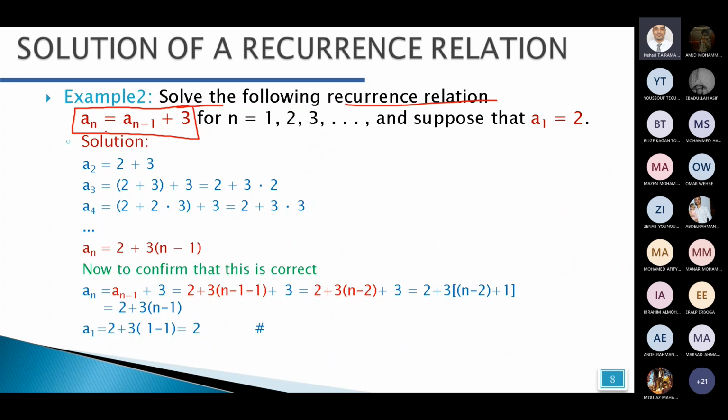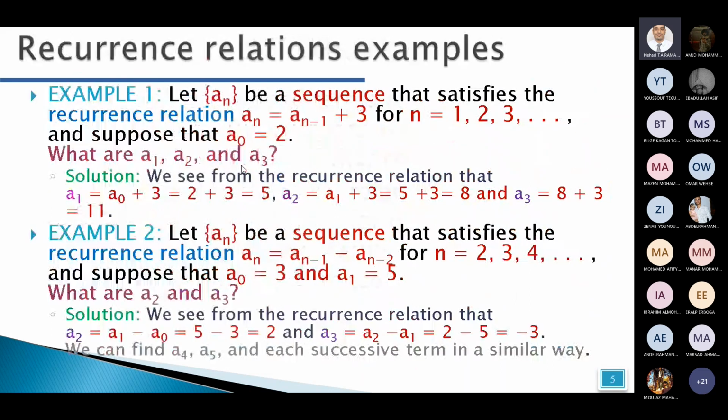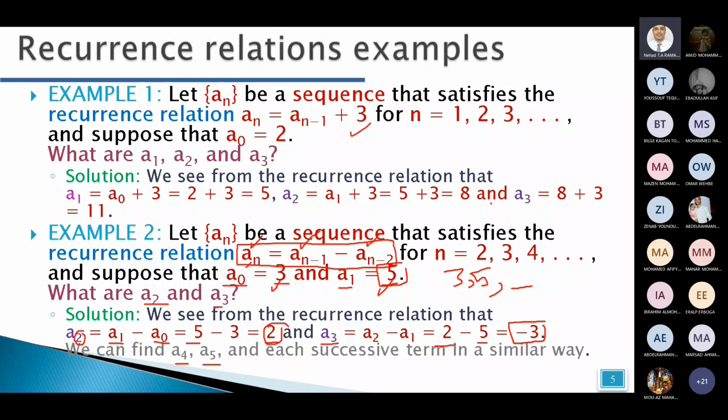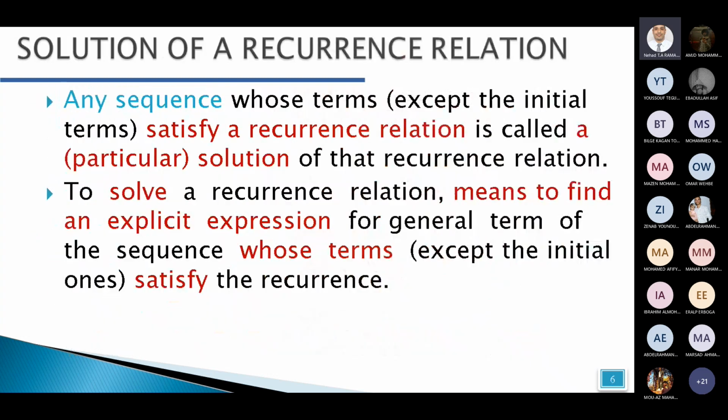Here, each term is equal to the previous term plus 3. So it's like the first sequence. But when I ask you for term 100, it's difficult to find it here because we don't have the general form or general solution.